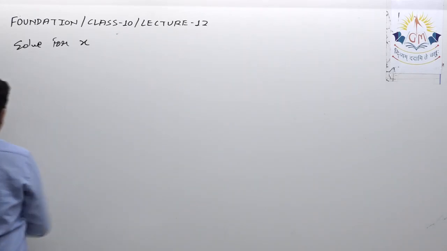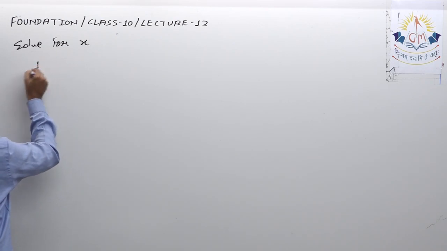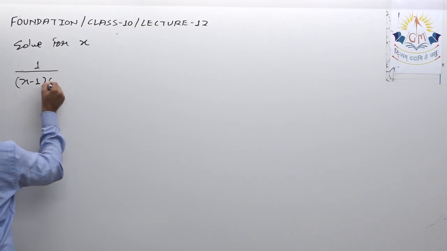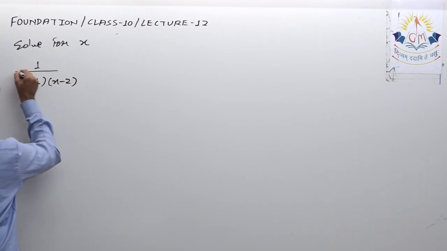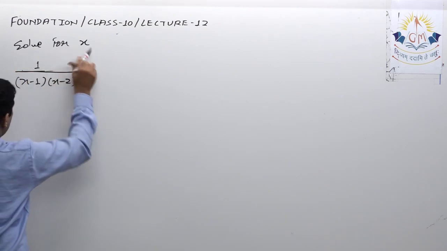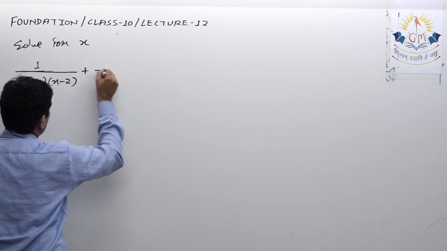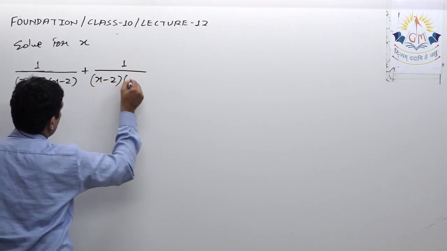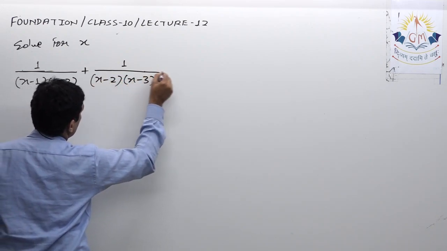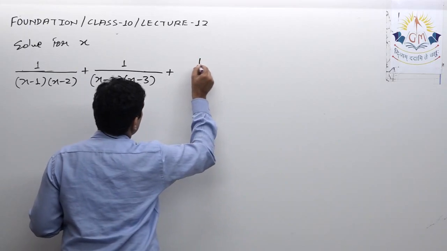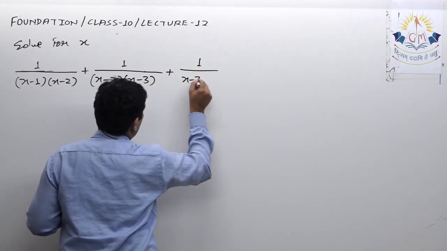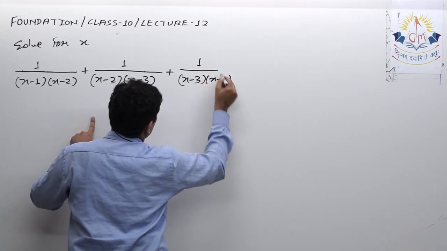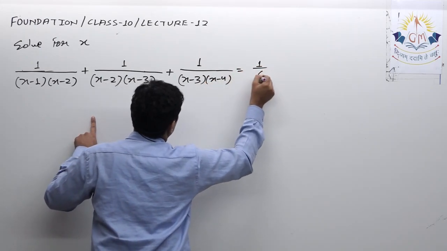Solve for x. The question is 1 upon (x minus 1)(x minus 2) plus 1 upon (x minus 2)(x minus 3) plus 1 upon (x minus 3)(x minus 4) is equal to 1 upon 6.